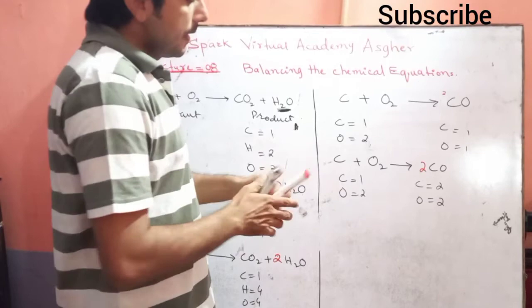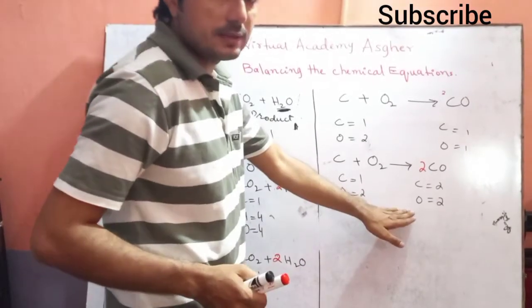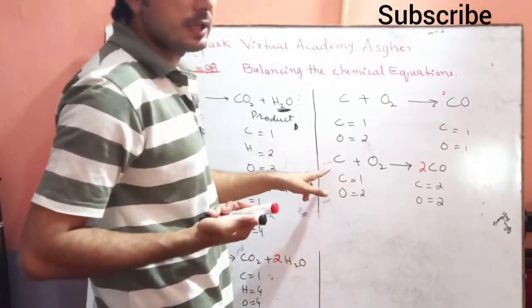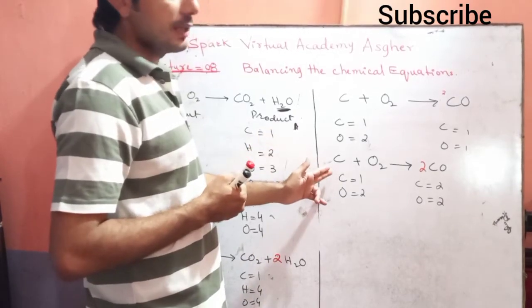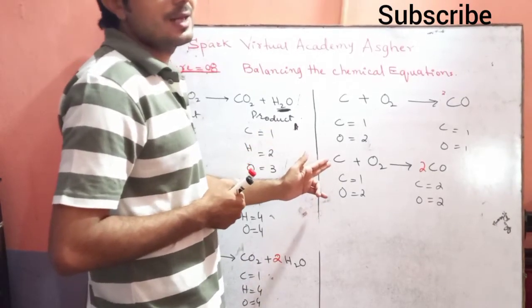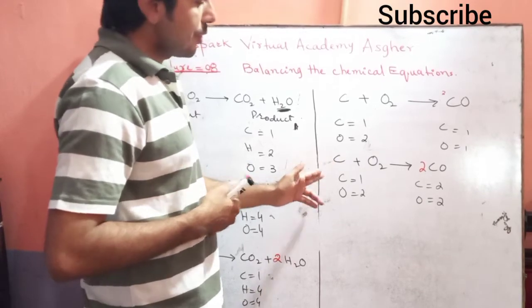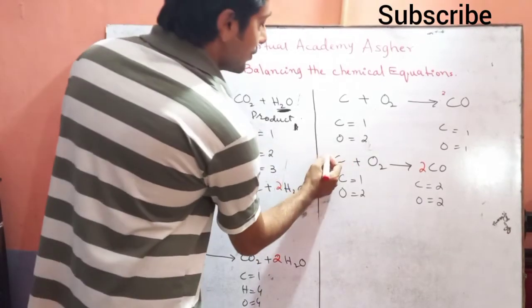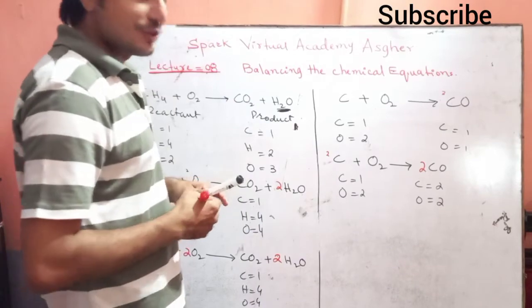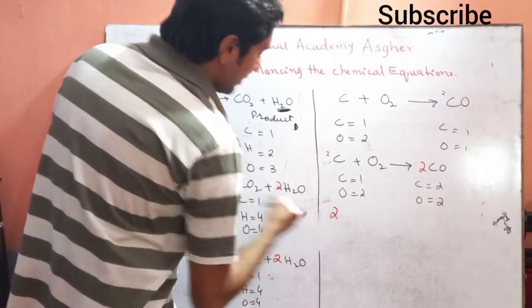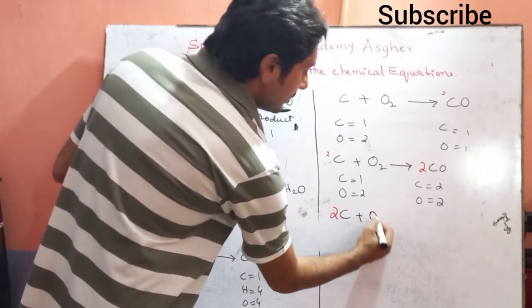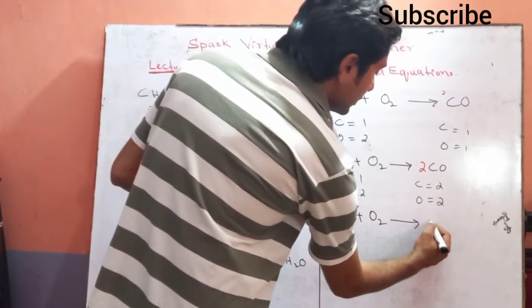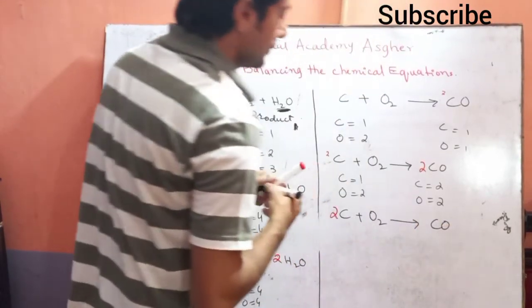So now oxygen is balanced on both sides, but carbon becomes unbalanced now. Now at the reactant side, the carbon is in an odd number and is an unbalanced factor. So we have to put a small 2 in front of this carbon as well. So the next equation will become like this: 2C plus O2 equals 2CO.